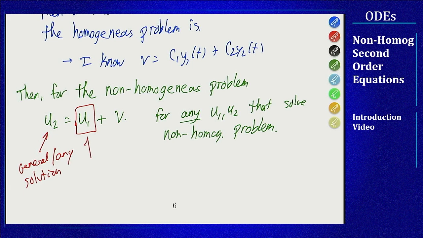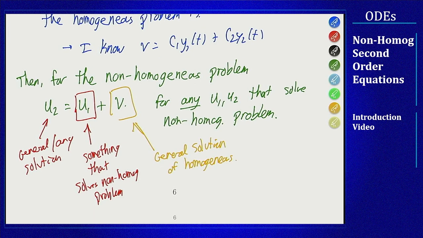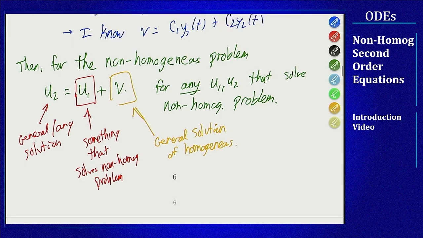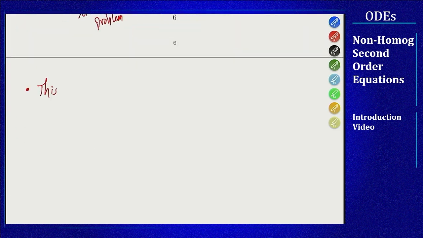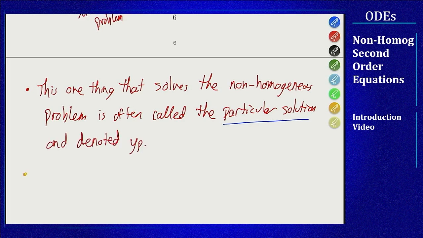So the little terminology that you'll see in other places and might get used to every now and again: this one thing that solves the non-homogeneous problem is often called the particular solution and denoted y sub p. The solution to the homogeneous problem in this case is often called the complementary solution and denoted y sub c.